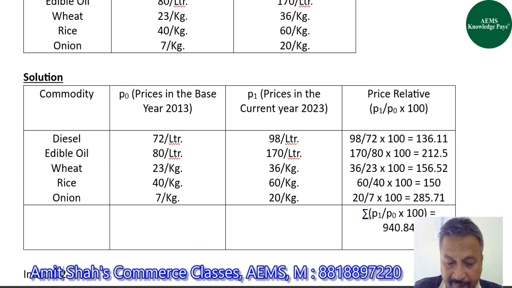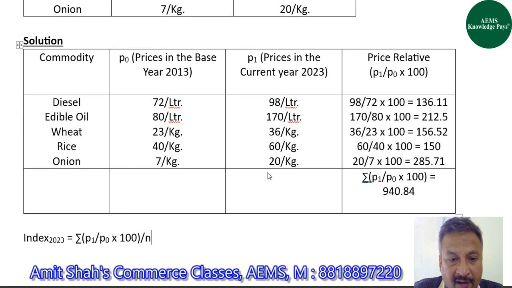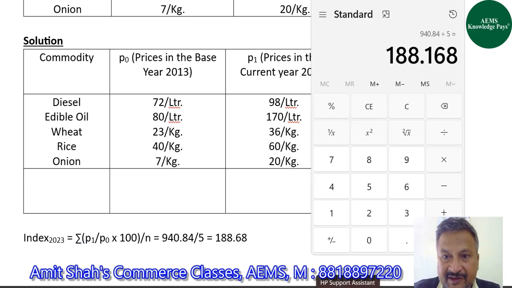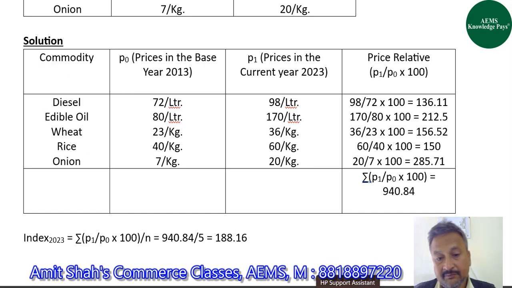So index of 2023 is sum total of price relatives divided by number of items or commodities. So 940.84 divided by 5, because here we have total 5 commodities, and that is 188.16.